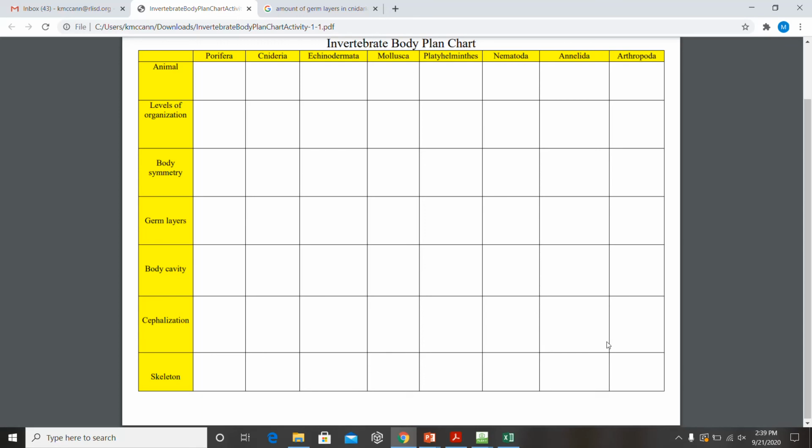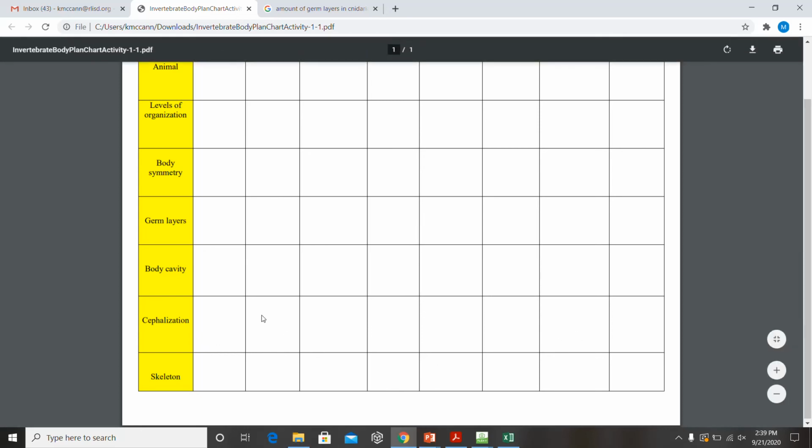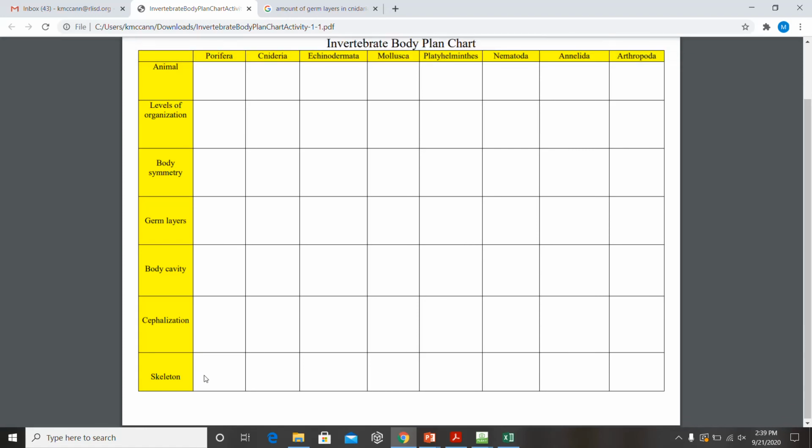It's either present or it's not present, so you need to put present or not present in these. Skeleton. Do they have an exoskeleton or no skeleton? I can already tell you that Porifera have no type of skeleton. And don't tell me that any of these have a regular type of skeleton, because then you're talking about a vertebrate and we're making an invertebrate body plan chart, so we might have problems.